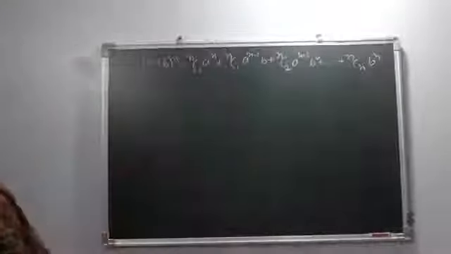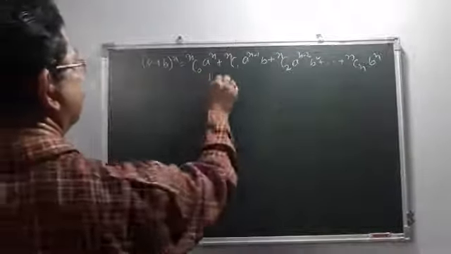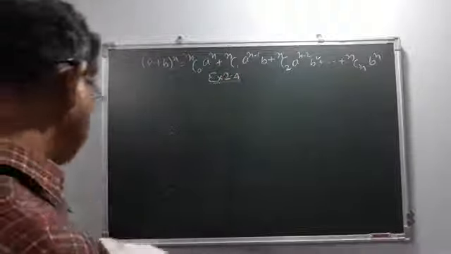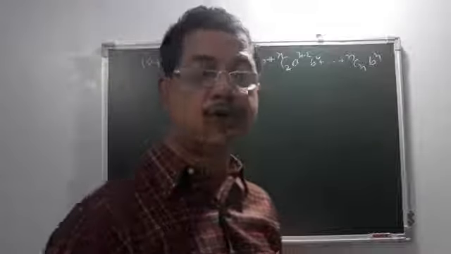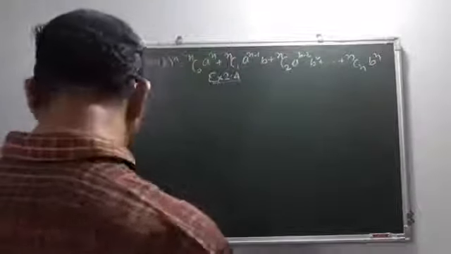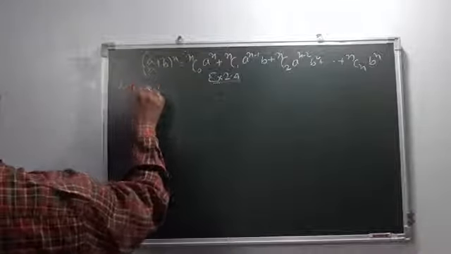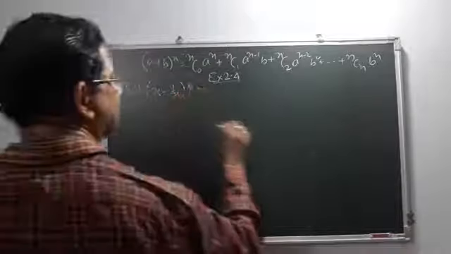When it is minus, alternatively plus minus these things. We have done this last time in exercise 2.4, question number 2.1. Another thing we have done that day is Pascal's triangle, that we will do again. Now question number 2, (x minus 1 by x) to the power 6.